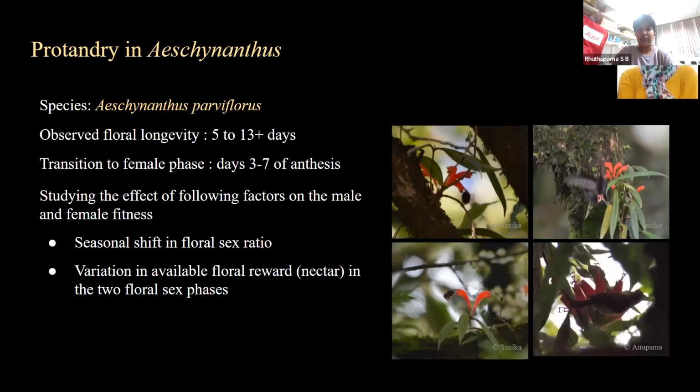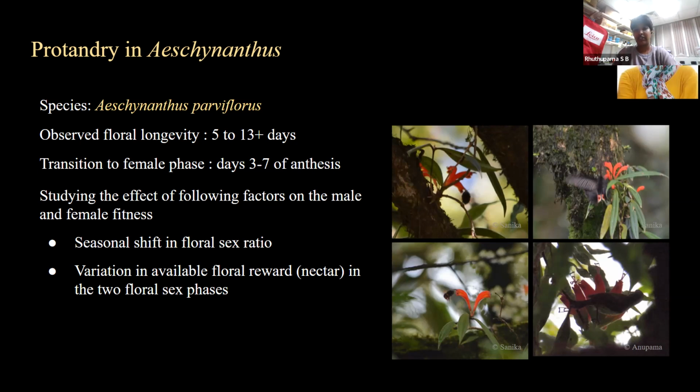From Tree Lab, my colleague Sanika Gore is trying to understand the functional aspect of protandry in the species Aeschynanthus parviflorus. She is trying to understand how the sex ratio varies throughout the flowering season, and how this shift in sex ratio affects male and female fitness.